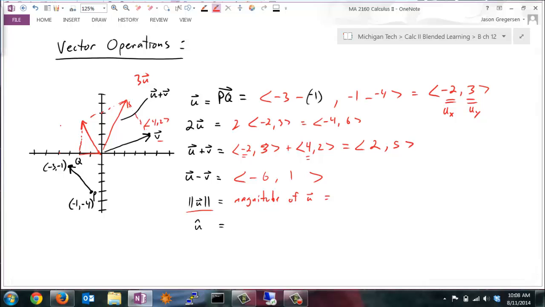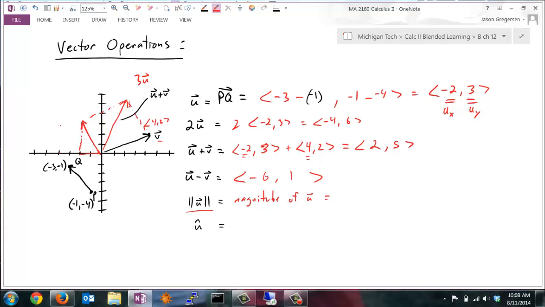If this is my little mini triangle, I need this squared plus this squared equals the hypotenuse squared. But what is this value? -2 is just my x component. So if I know this is the vector -2, 3, I know this length is -2. I know this length is 3. Because those are just the components.